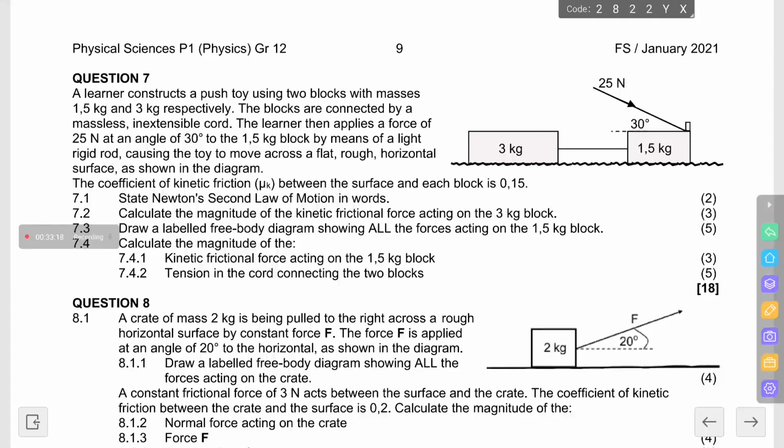We have to consider the horizontal forces acting on the 3 kg block, as well as the horizontal forces acting on the 1.5 kg block. Likewise, that's when you find the importance of drawing a free body diagram using components, because it makes it easy for us to deal with the situation on the 1.5 kg block.